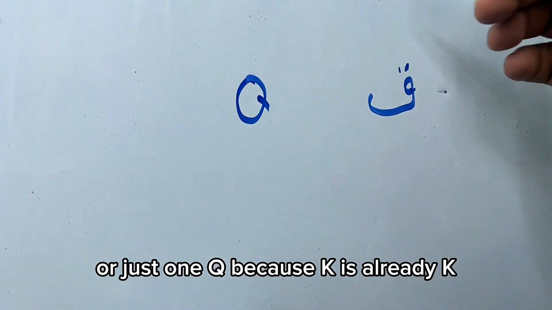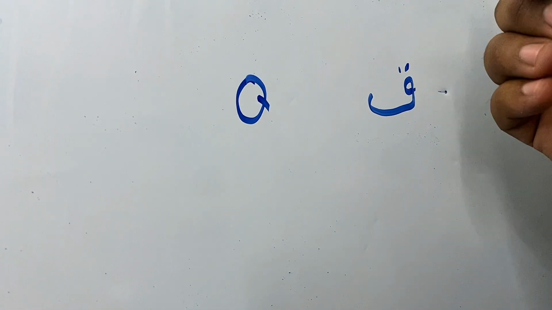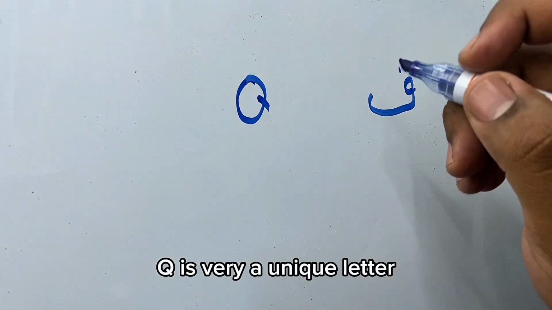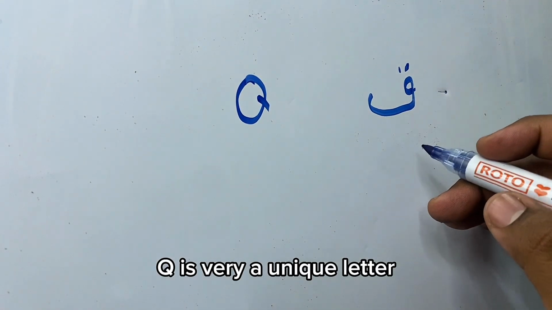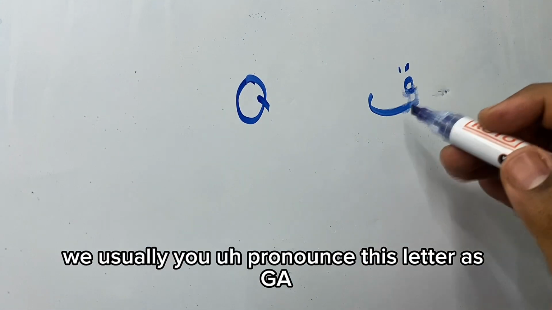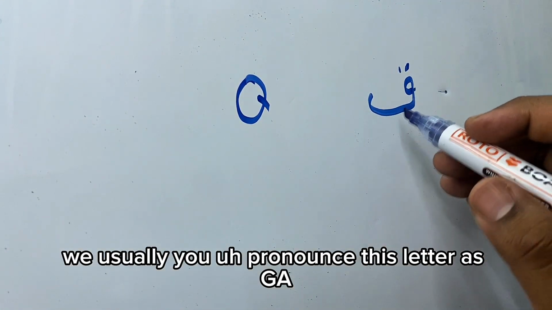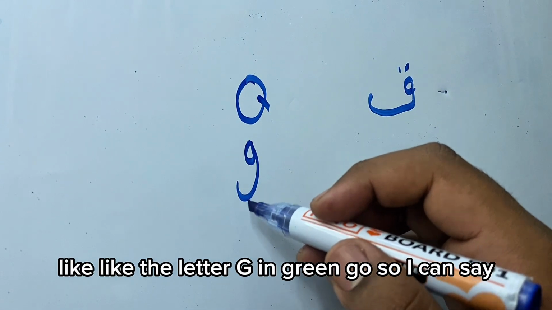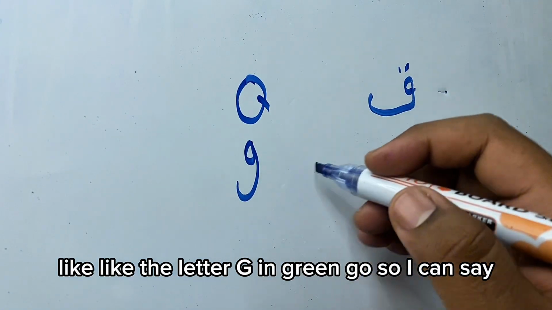Or just one Q because ka is already K. So qa is a very unique letter, but when it comes to Sudanese Arabic, we usually pronounce this letter as g, like the letter G in green, g.